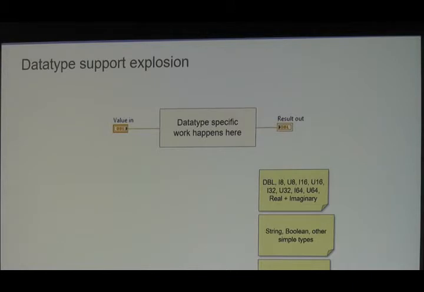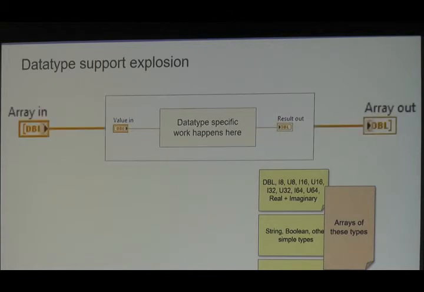I want clusters, complex data. I want arrays of these types. I want to put that work inside of a sub-VI, which is now wrapped in another VI. And so you get this nesting. And what happens is this explodes the number of VIs you are maintaining. So I've got a version of all of these types, all the nesting structures. It can get to the hundreds.